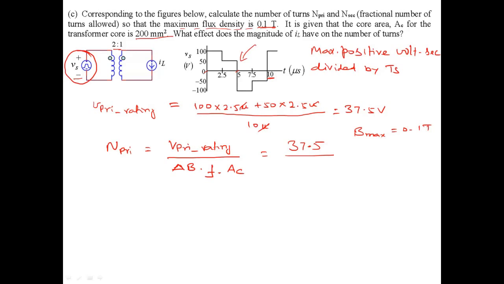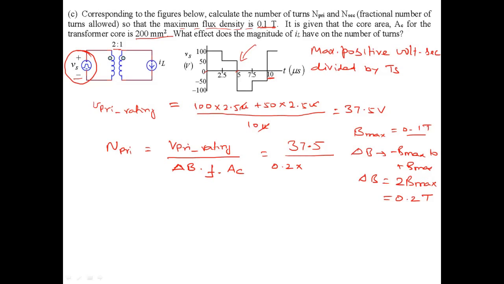So delta B is actually from negative B max to positive B max, or delta B equals 2 times the B max allowed. B max allowed is 0.1 Tesla, so delta B is 0.2 Tesla. That's what I'm going to enter here. Delta B is 0.2.